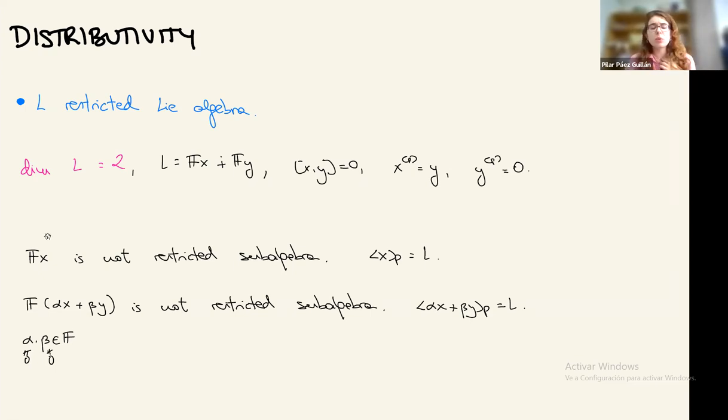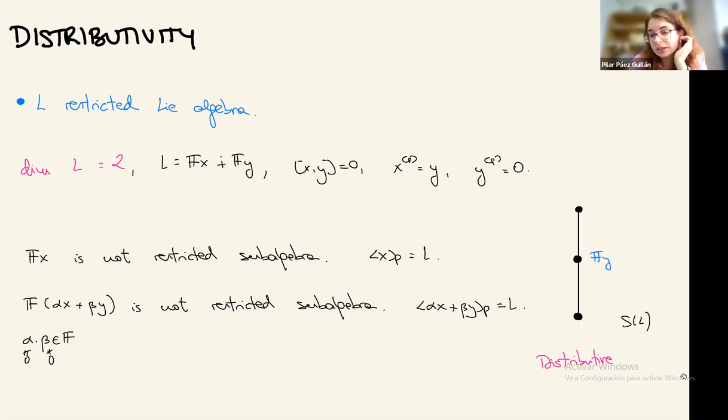So now the linear span of an element won't in general be a restricted subalgebra. The same happens if I pick a linear combination of the elements of the basis x and y. It turns out that the minimal restricted subalgebra containing x, or this alpha x plus beta y, will be the whole L.